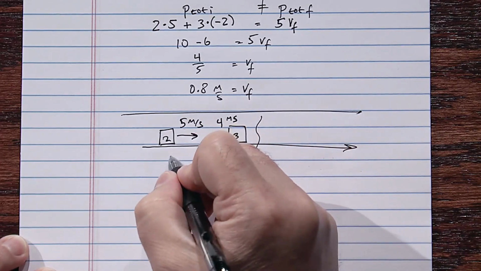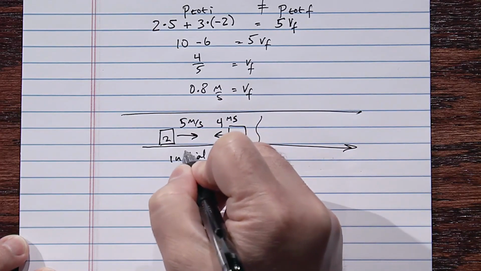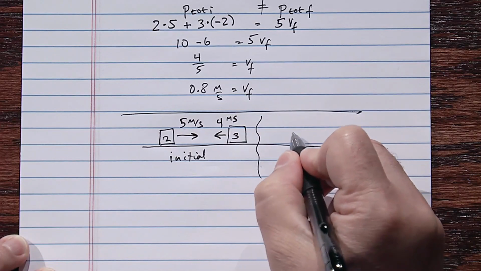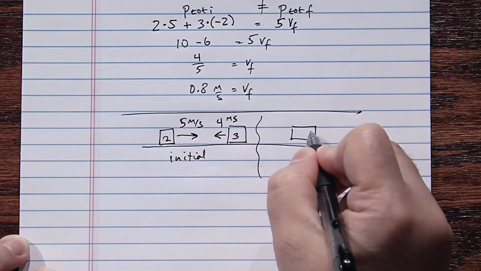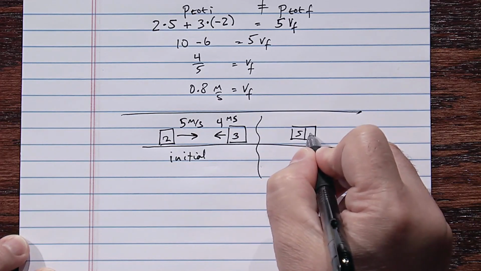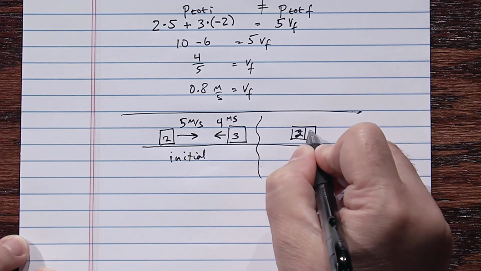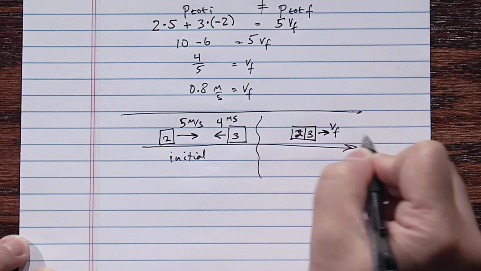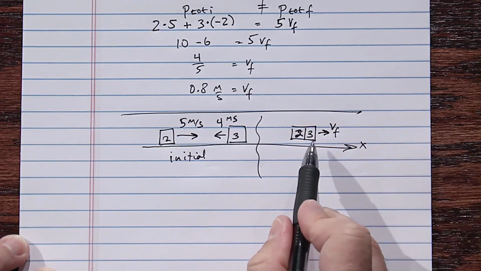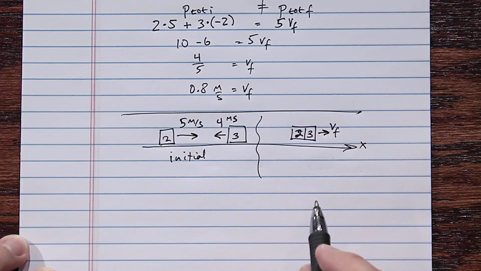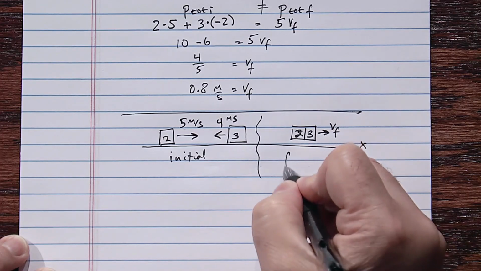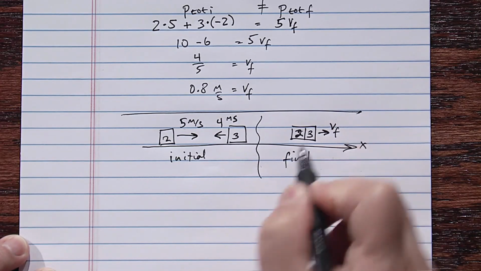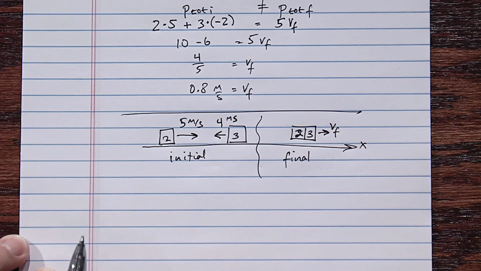They collide, and they stick together, and we're left with a 5 kilogram mass, we're left with a 2 plus a 3 kilogram mass moving at some v final, which for the moment I'll assume is in the positive x direction. That's our final situation. Work that one out, please.